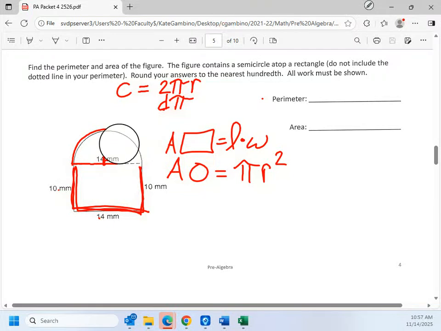So remember what I said, that radius is from the middle out. Did they give us the radius? No. They gave us the diameter. So we have to figure out from that diameter what the radius is to plug in to our area of the circle.